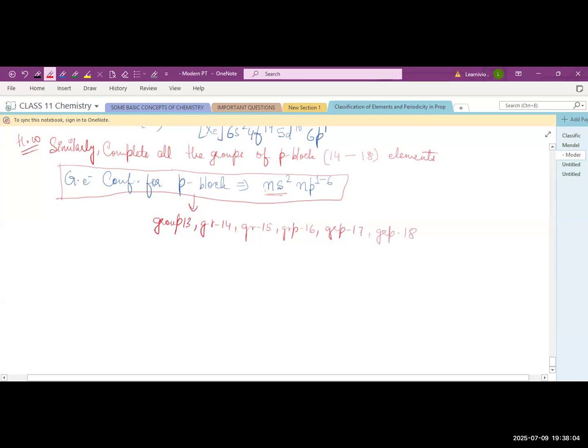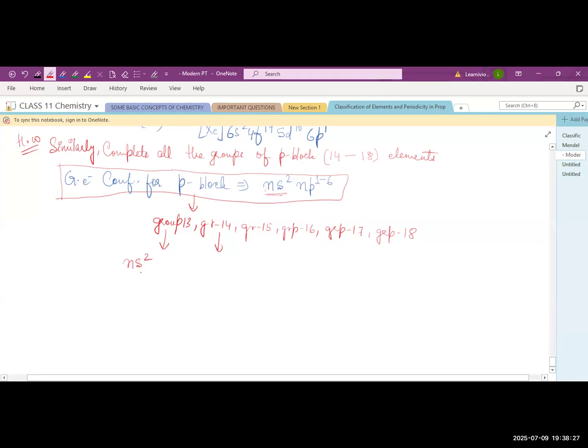The general electronic configuration, ये range है. np1 to 6 is the range for the whole P block elements, right? And we know that P block elements में कितने groups होते हैं? So there are 6 groups. Group 13, 14, 15, 16, 17 and 18.